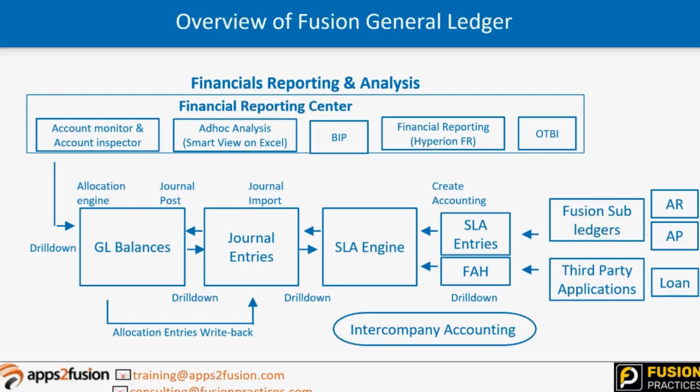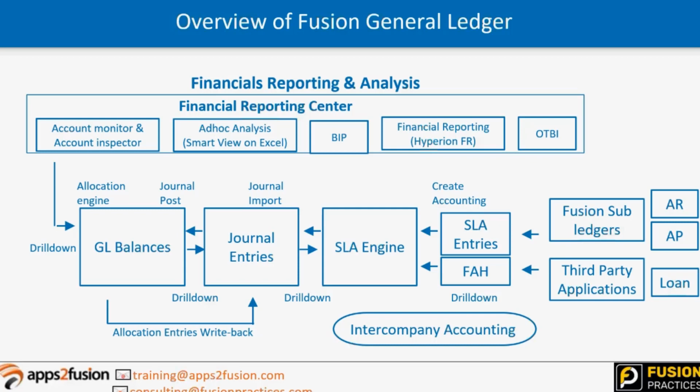So we can do all of that, and we can leverage the Essbase cube using Fusion Accounting Hub as well, because when we bring in the source transactions using FAH or any third-party applications, all of that also goes to your Essbase cube. We can implement whatever ways we want.